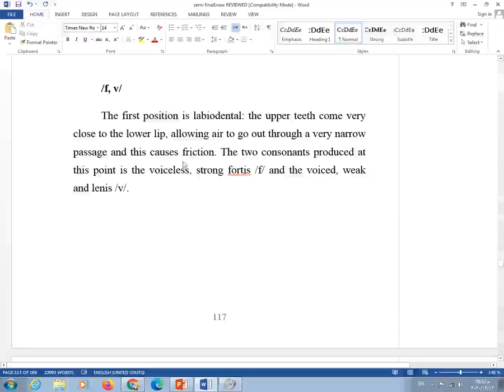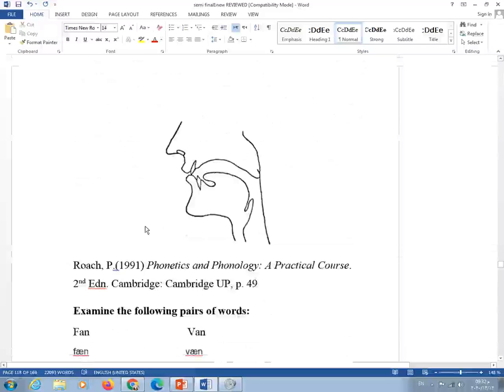And the two sounds here are f, which is voiceless, and v, which is voiced, both fricative consonants. Now let's look at the position of the upper teeth and the lower lip.